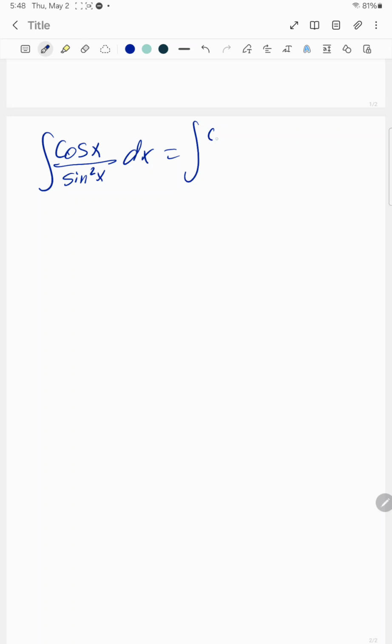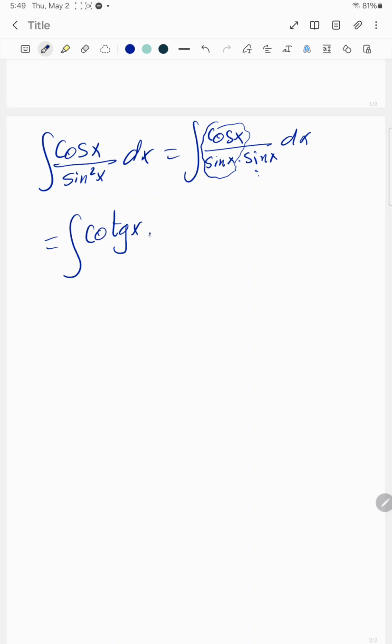This I can write as cosine x divided by sine x times sine x dx. I know cosine divided by sine is cotangent, so it's equal to cotangent x, and 1 over sine x is equal to cosec x dx.